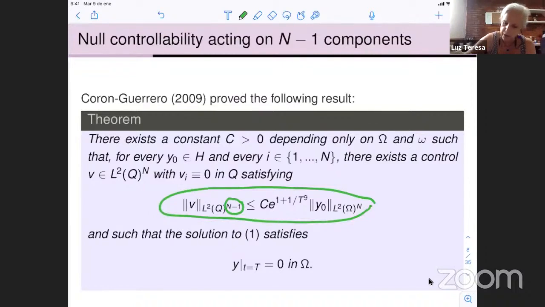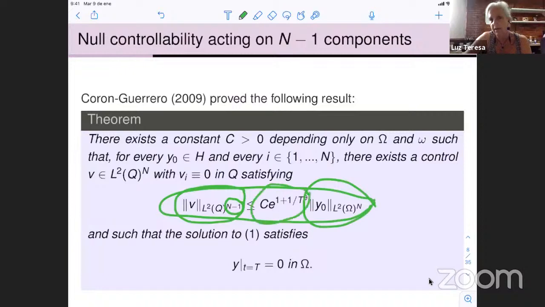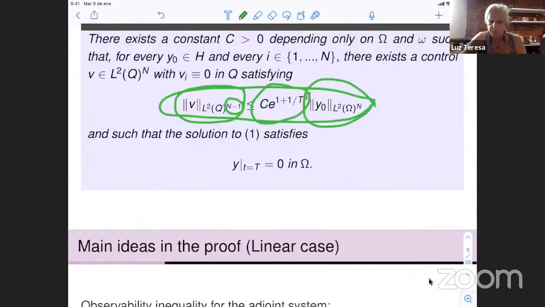So you can bound your control in the n-1 dimension by the initial data with some decay that depends on the time of control. So when you are driving the solution to 0, at which time you're driving the solution to 0.